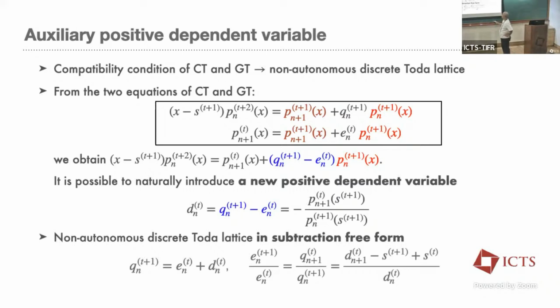So if we put x to the s plus 1, this term will disappear, and we can solve p_{n,t+1} by dividing by this one and just transposing to the other side. Then the expression can be obtained. And we already know every polynomial can be written, everything was written in terms of moments.